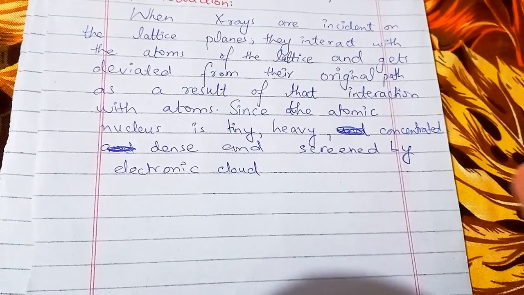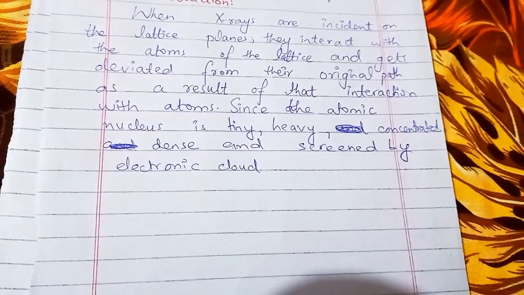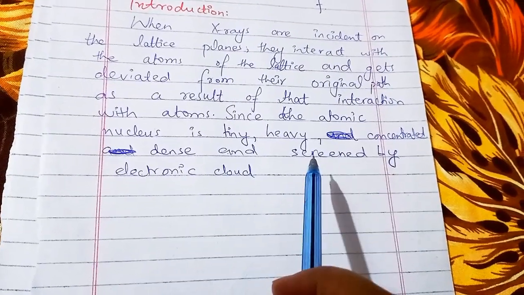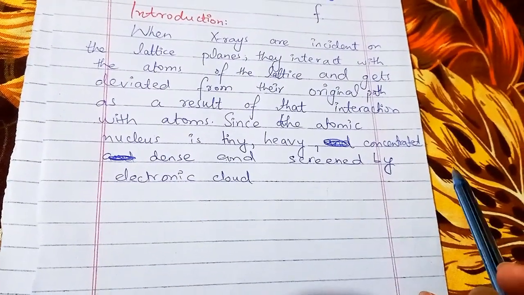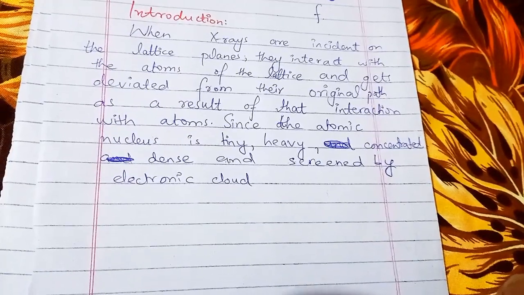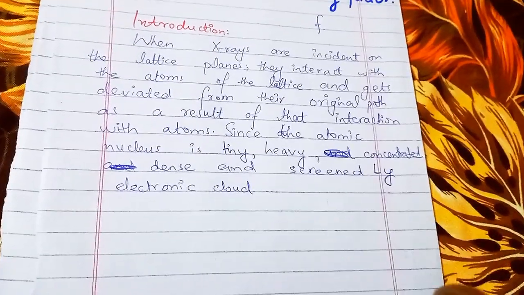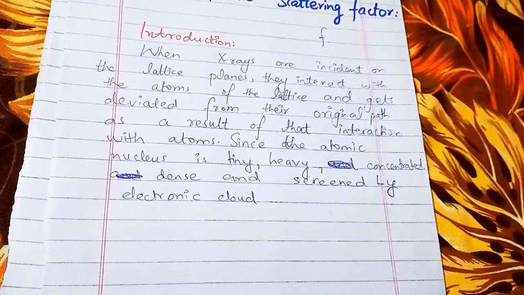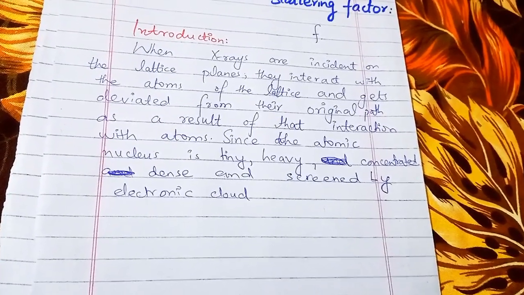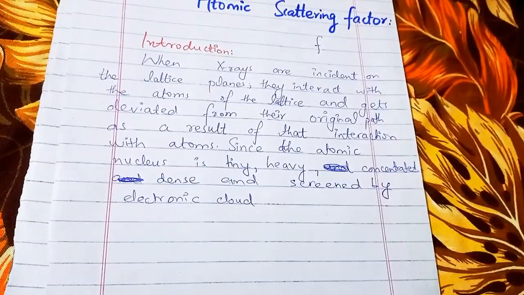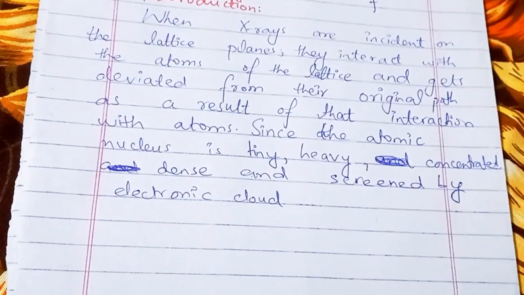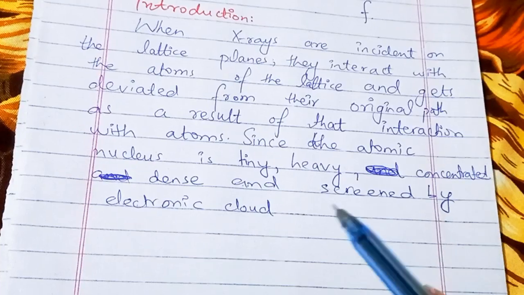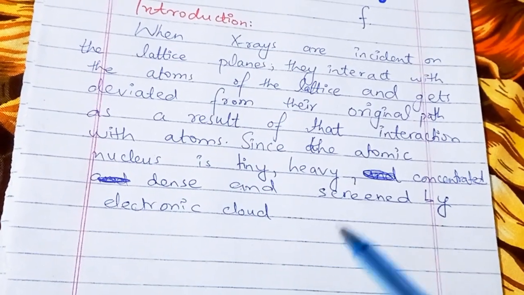They have to pass through the electronic cloud first, and if they are powerful enough to penetrate through the electronic cloud completely, then they can reach the atomic nucleus and interact with it. For that purpose, highly energetic rays are needed. For example, gamma rays can interact with the atomic nucleus, but X-rays mainly couldn't do that. So X-rays do not mainly interact with the atomic nucleus, but they interact with the electronic cloud.